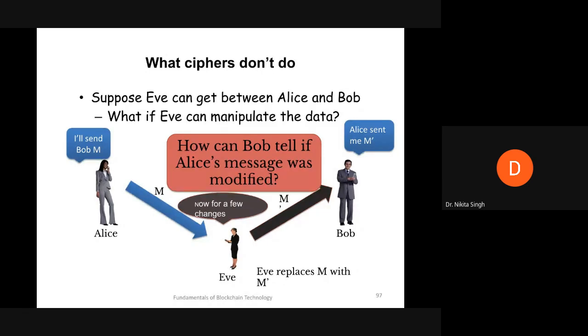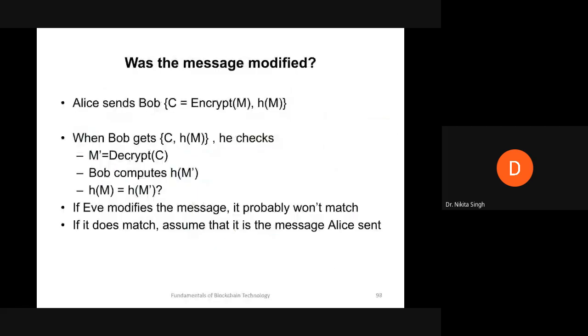So let us see how the receiver would be able to tell if the message that has been received from the sender is modified or not. So Alice sends Bob a message. So let us see how this actually happens.